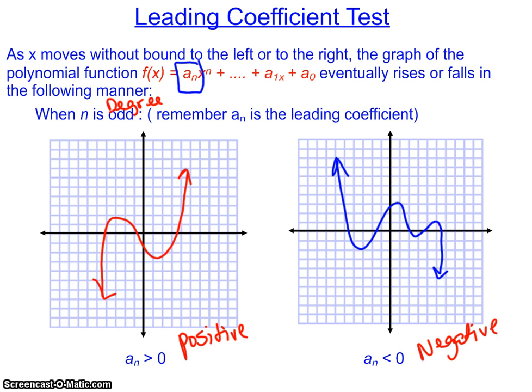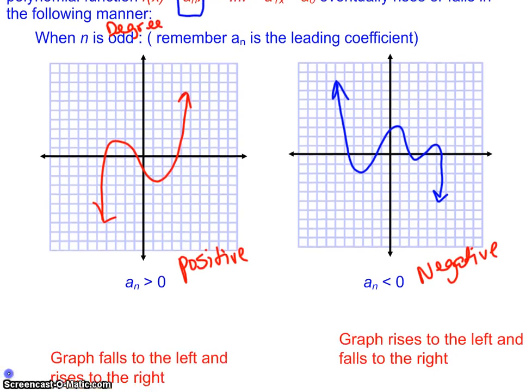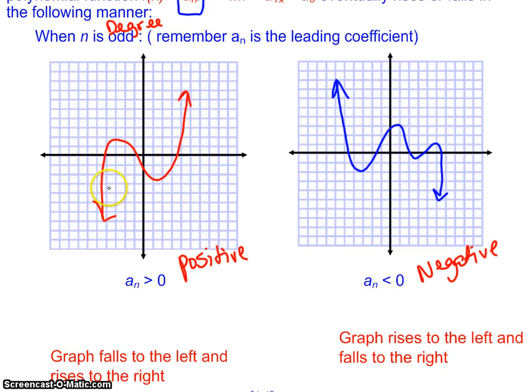Let's talk about the end behavior. So on the left function here, the graph falls to the left and rises on the right. Well, how would we write that in function notation, in mathematical notation? F of x will represent the graph. F of x goes down.